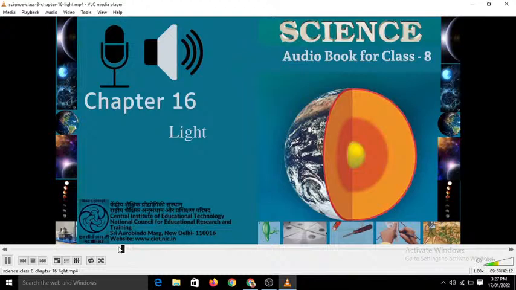16.3 Regular and diffused reflection. Activity 16.4. Imagine that parallel rays are incident on an irregular surface as shown in figure 16.6. Remember that the laws of reflection are valid at each point of the surface. Use these laws to construct reflected rays at various points.